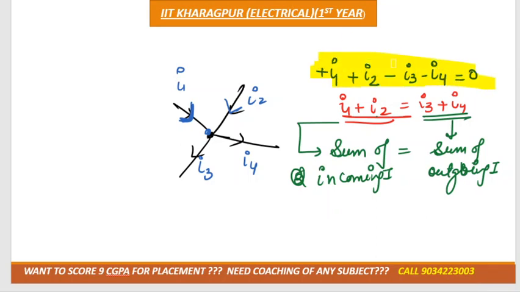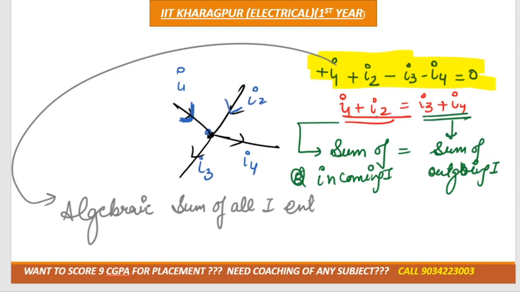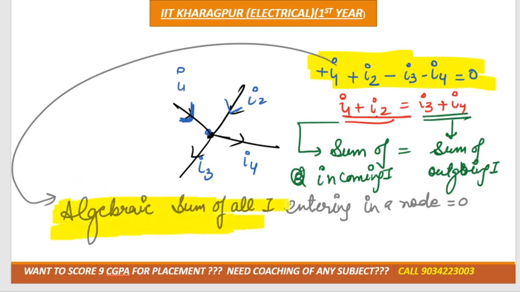And from this expression we get another expression: the algebraic sum of all current entering a node is equal to 0, right? Because it means that the node is not keeping any current. Whatever current you give to a node will be released.